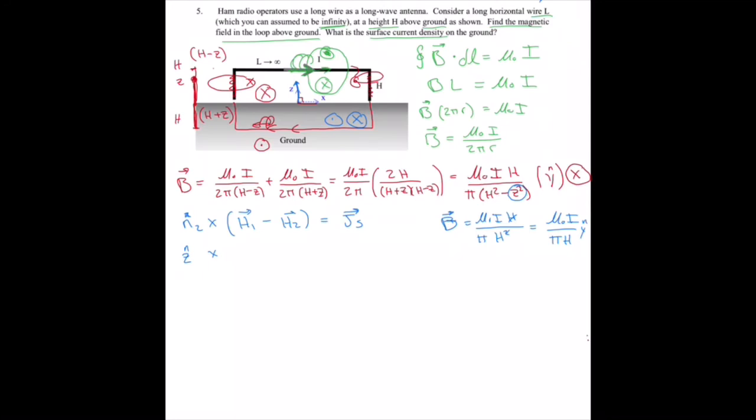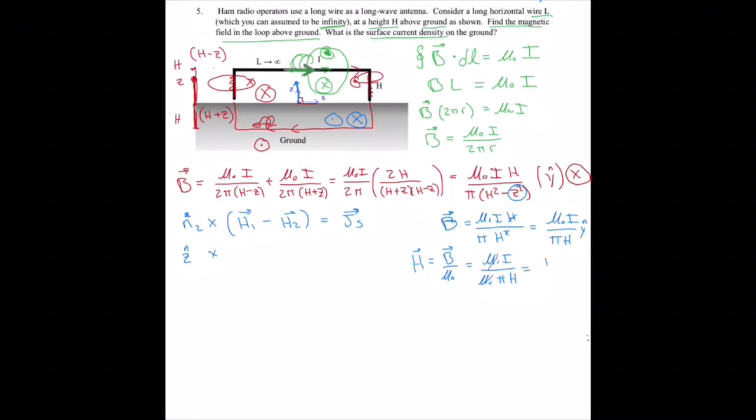But the question needs the H field. So the way we relate H and B fields, the H field vector is equal to the B field vector over mu naught. So in our case, let's plug that in. We have mu naught I over mu naught pi h. These mu naughts will cancel.